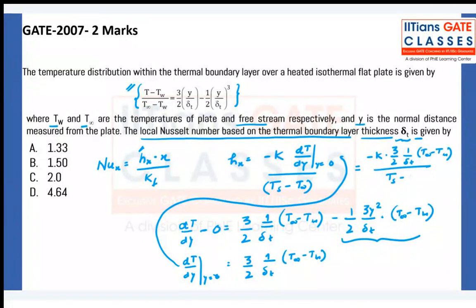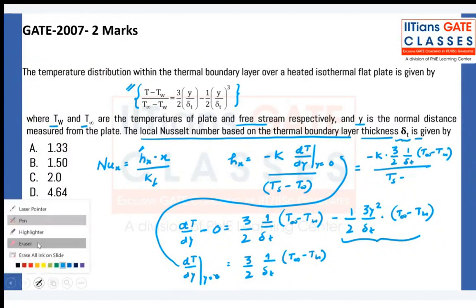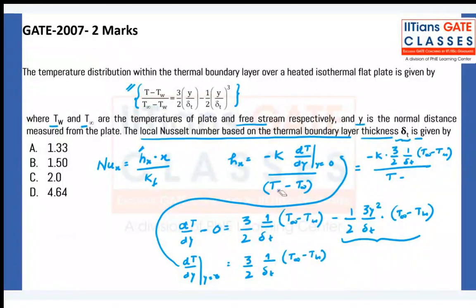Okay, Ts I write T wall minus T infinity. Now what can I do? I can swap this and take it as positive, and I can cancel this. So hx, I have gotten 3 by 2 k upon delta t.